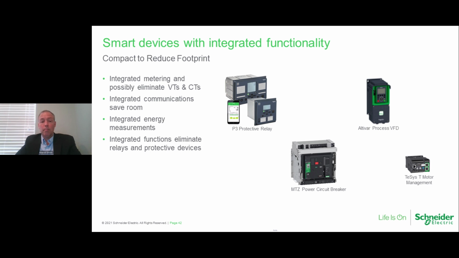That's a big advantage, and it's not going to fit in every application, but if you can eliminate a power meter, that can not only save costs in the project, but also sometimes that extra meter takes up additional space, and you may find yourself bumping into an extra section to fit it.